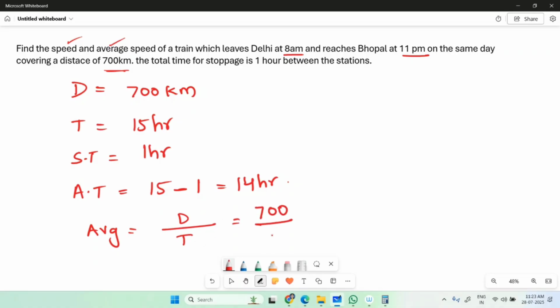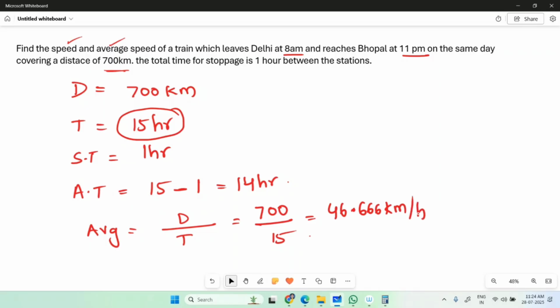Total distance is 700 kilometers and total time is 15 hours including stoppages. So 700 by 15 is nothing but 46.666 kilometers per hour. So the average speed is 46.666 kilometers per hour.